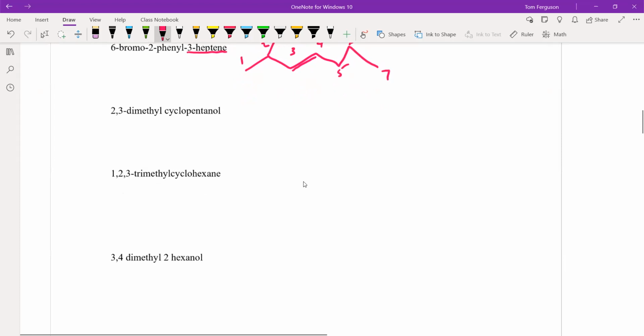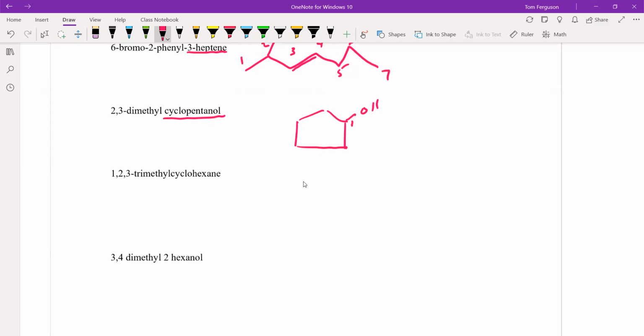Okay, next one is we have a cyclopentanol. And it doesn't matter where you start, the OH group, so that's automatically carbon number 1.